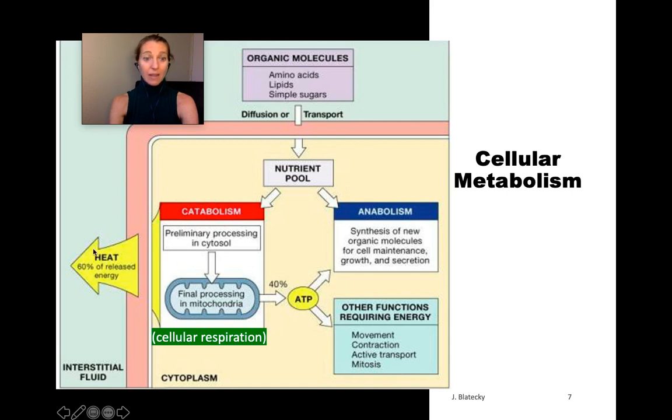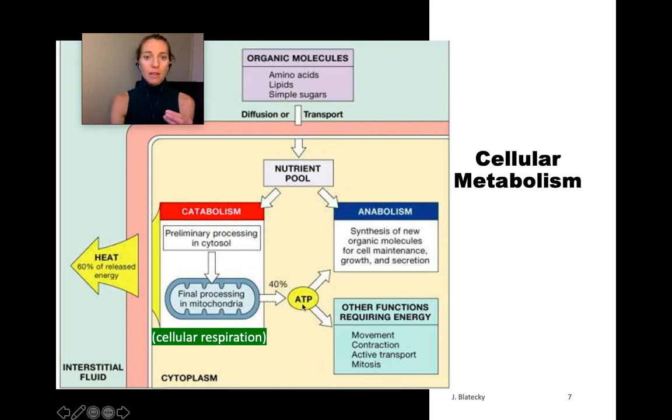Now, you'll see that as efficient as the human body is, we still end up losing a lot of that energy in the form of heat, just given off from our body. The energy that we are able to capture in the form of ATP then goes to drive other things, right? So other cellular functions, mitosis, transport, active transport, right? That requires ATP, movement, muscle contraction, all of that.